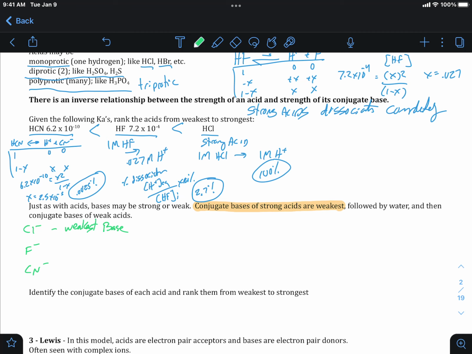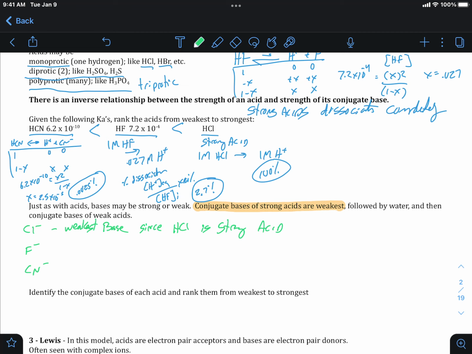Okay? Weakest base since HCl is a strong acid. And we'll get into the nitty-gritty and do the calculations to prove that in a little bit, okay? But maybe not today.